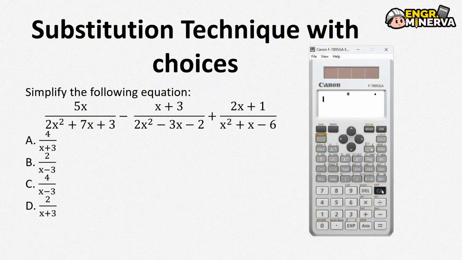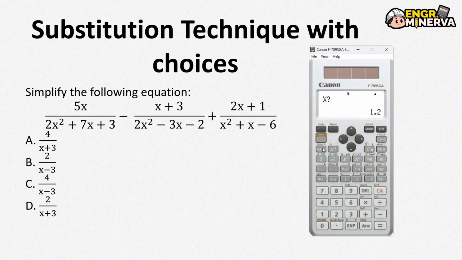First, we input the given equation: 5x over 2x squared plus 7x plus 3, then minus x plus 3 over 2x squared minus 3x minus 2, then plus 2x plus 1 over x squared plus x minus 6.